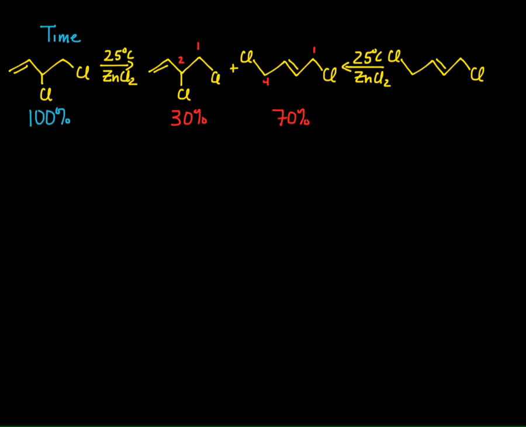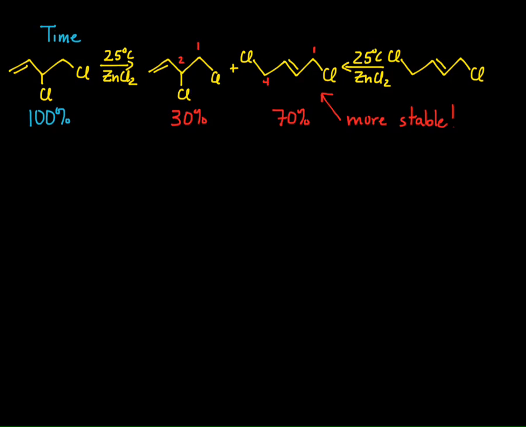Now, notice that the product of 1,4 is the greatest amount. We have to be careful of thinking about why it happens to be the most favored product. When we look closely, we can think about the stability of the alkenes, and we see that the product on the right is the more stable product.